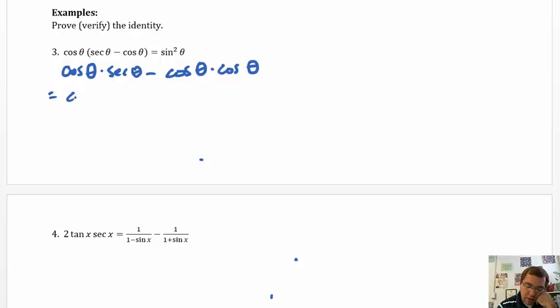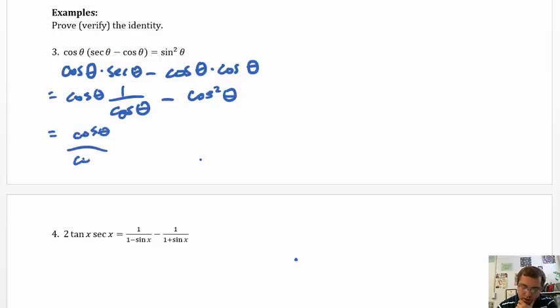Okay, well, I know secant of theta is 1 over cosine of theta. It's the reciprocal of cosine, and that's one of my fundamental trig identities. And then I know that cosine of theta times cosine of theta is cosine squared of theta. So I have cosine of theta over cosine of theta minus cosine squared of theta.